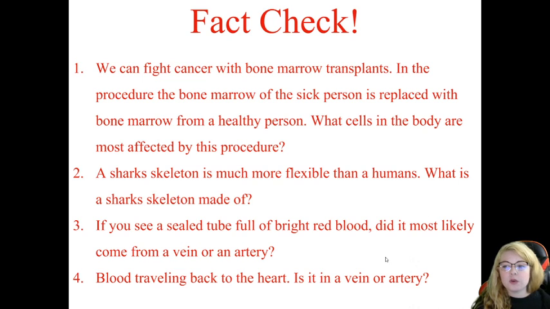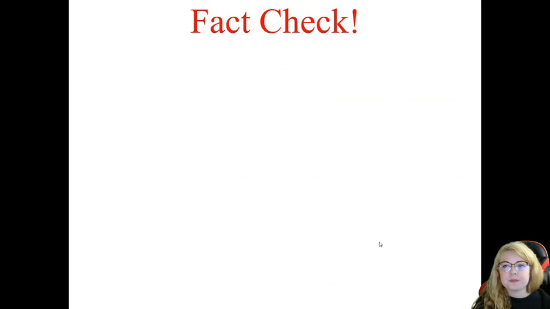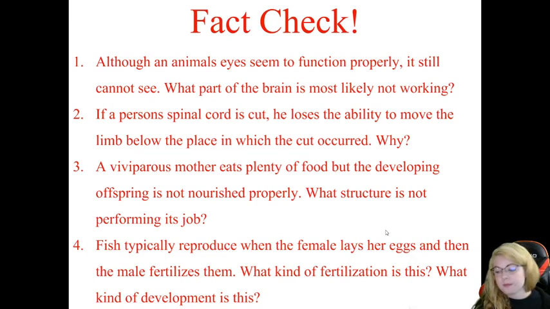All right, and a couple more fact check questions. It says, although an animal's eyes seem to function properly, it still cannot see. What part of the brain is most likely not working? That goes back to what we just talked about with the lobes of the brain. Most likely the optic lobe is not working properly because that is what detects and sends light signals.